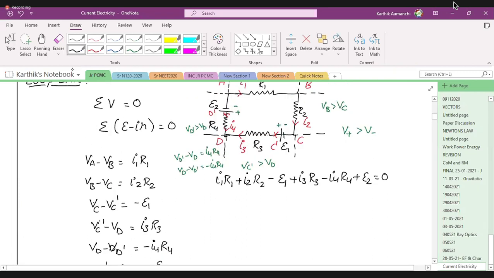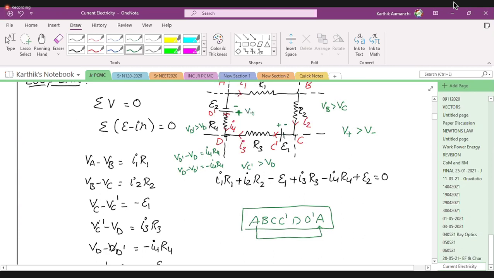See, you are going from positive terminal to negative terminal to reach A, because your loop is A, B, C, C dash, D, D dash, A. You have to start at A, you have to end at A. When you come to D dash, this is the positive terminal.